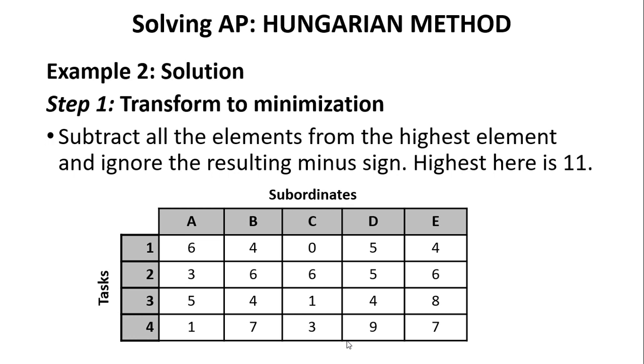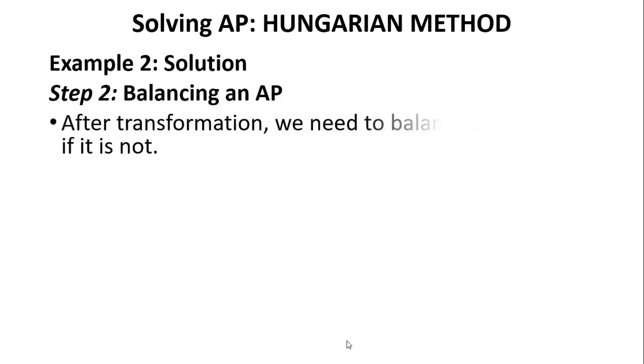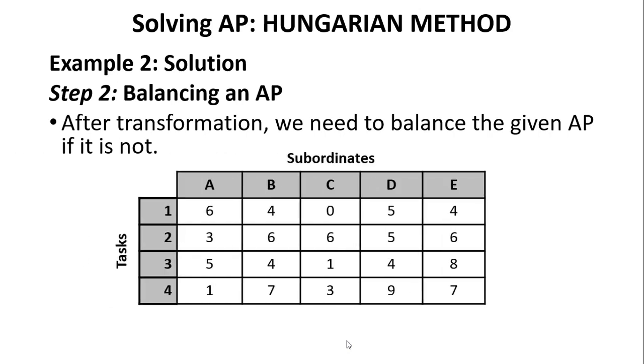So after transforming the problem into a minimization problem, we need to balance the problem. So how are we going to balance the problem? After transforming, we need to balance the transformed assignment problem. So how are we going to do that? To balance, we are going to add a dummy task after the 4th task to balance this matrix, because we have 5 subordinates, 4 tasks.